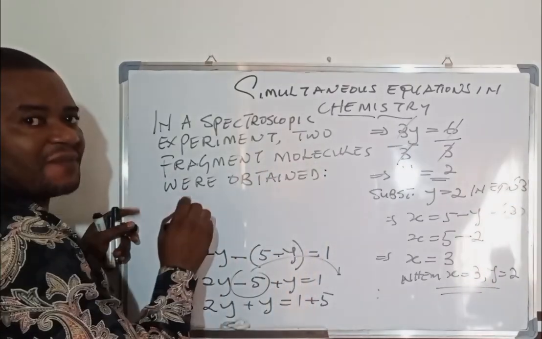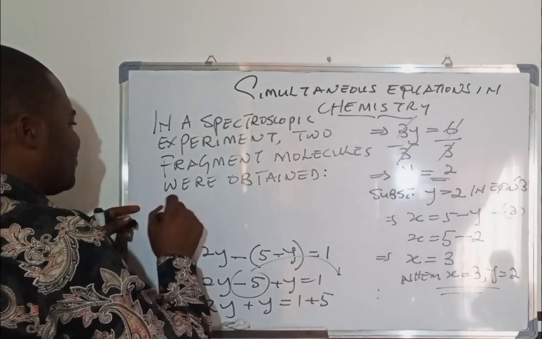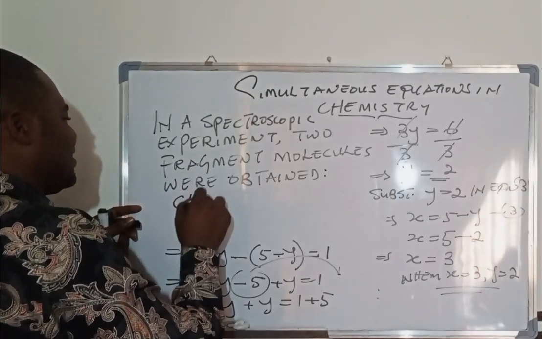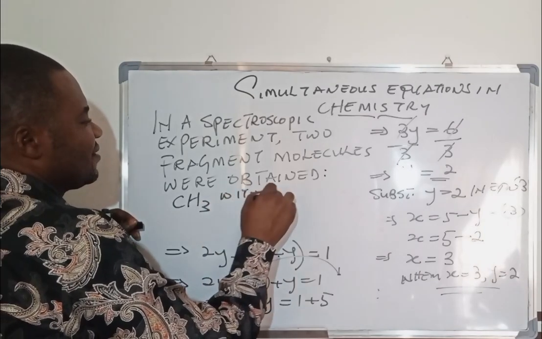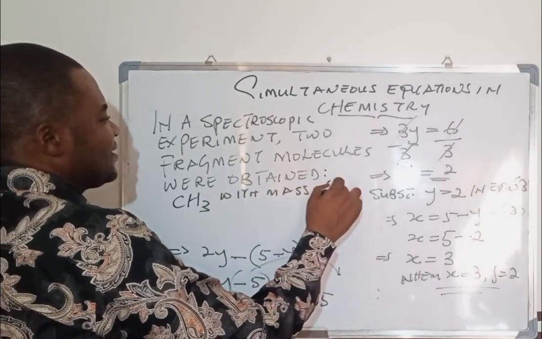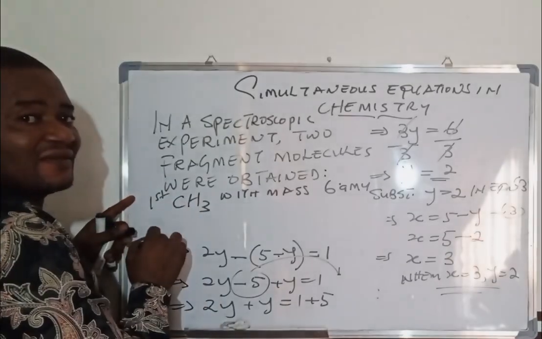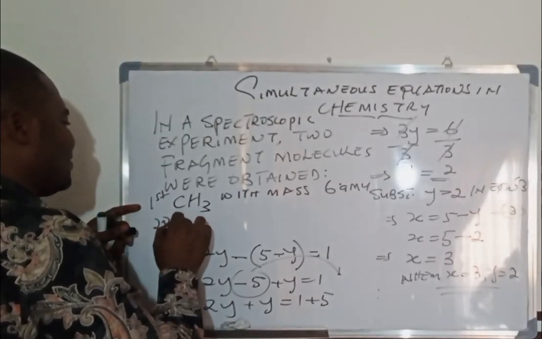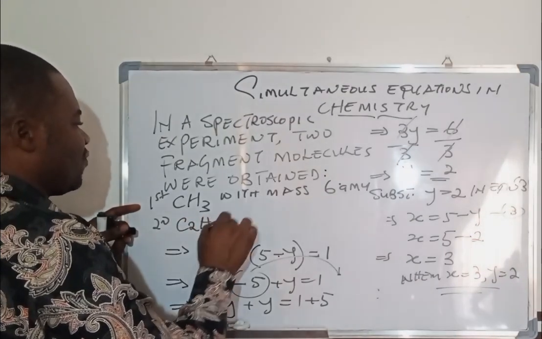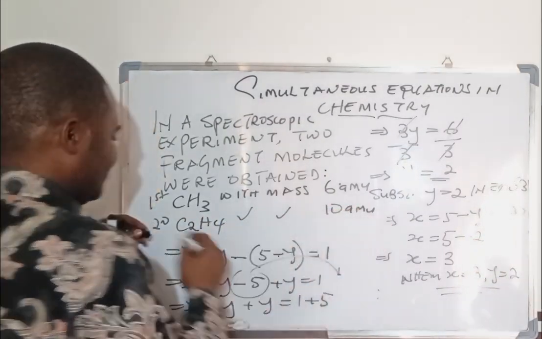So the first fragment molecule that was obtained had an empirical formula, let's say CH3, with mass 6 AMU, and the second fragment molecule has an empirical formula C2H4 with mass, let's say 10 AMU.